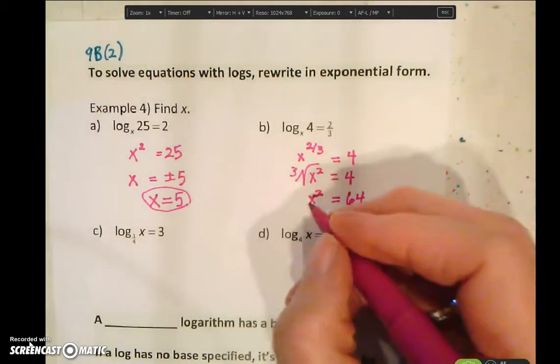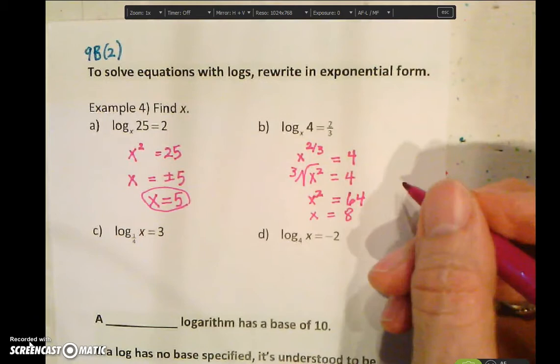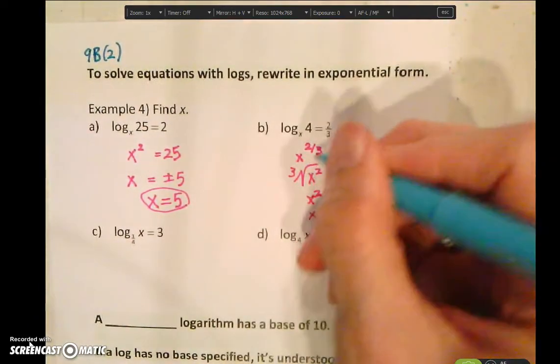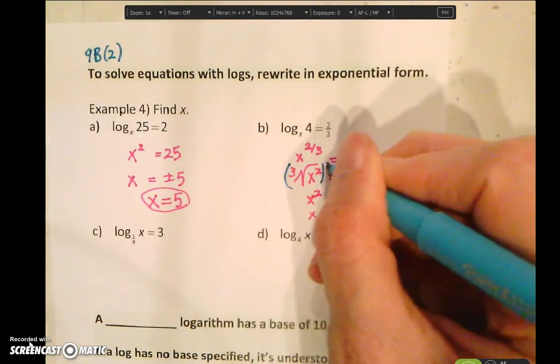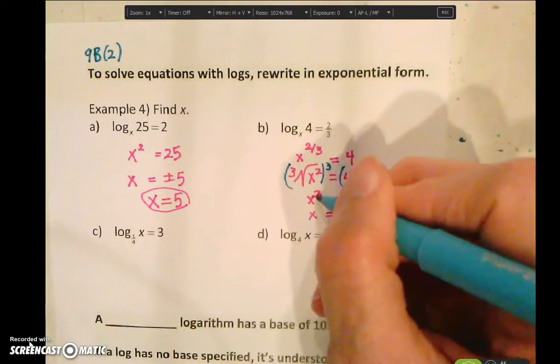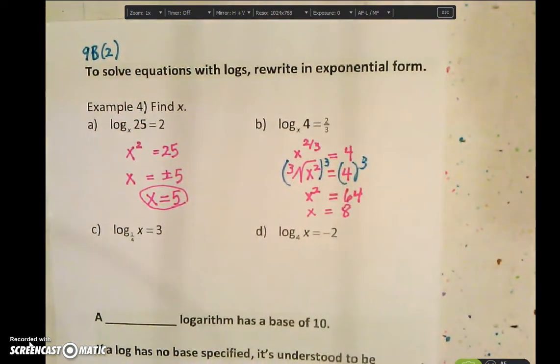And then take the square root of both sides and get that x is equal to 8. So in this step right here, what I did was raise both sides to the 3rd power. Remember, those undo each other and bring that x squared out. And then 4 to the 3rd is 64.